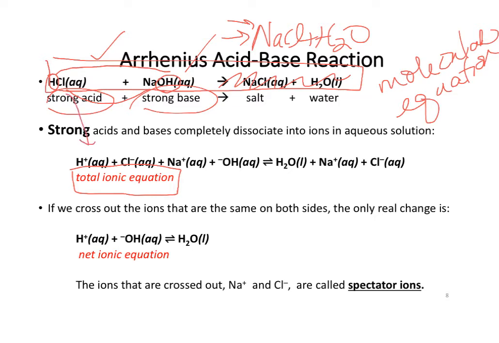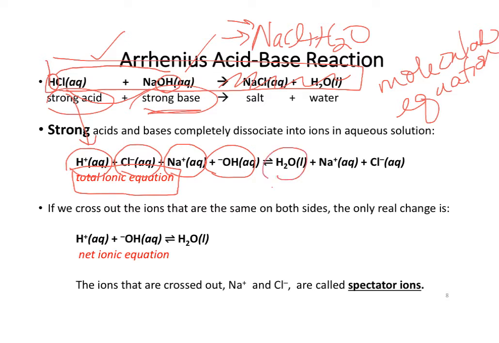So HCl truly exists in water as hydrogen ion and separate from it chloride ion. Sodium hydroxide is a strong base, so it exists in solution 100% as separate sodium ions and hydroxide ions. Make sure you know all those charges.